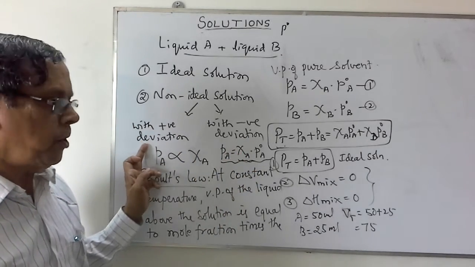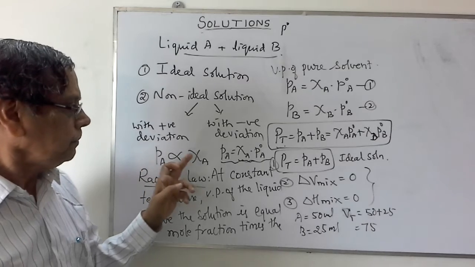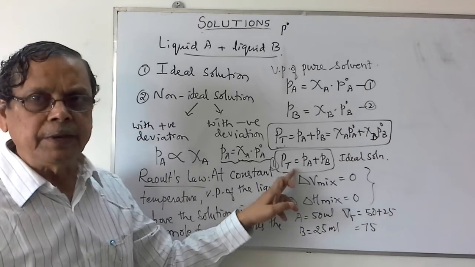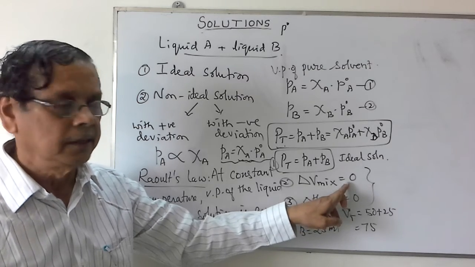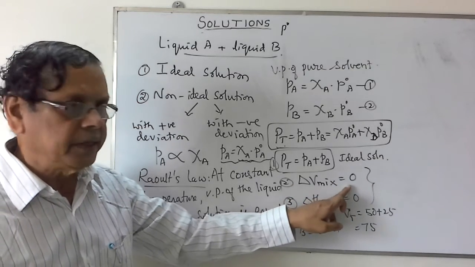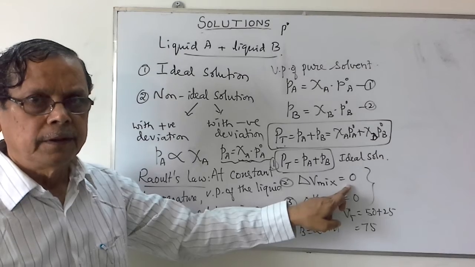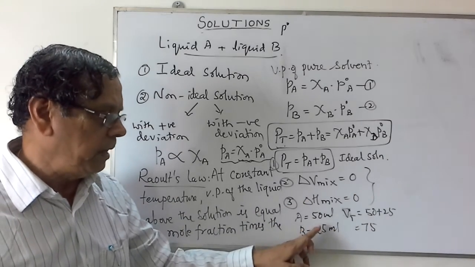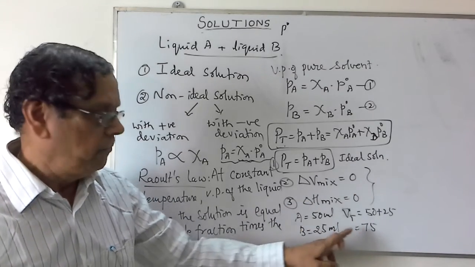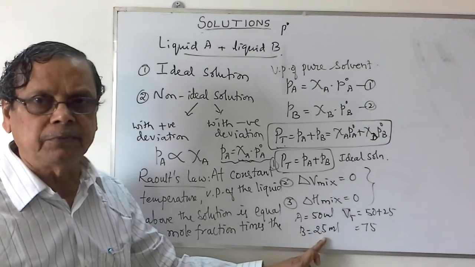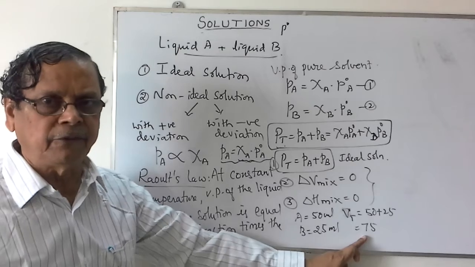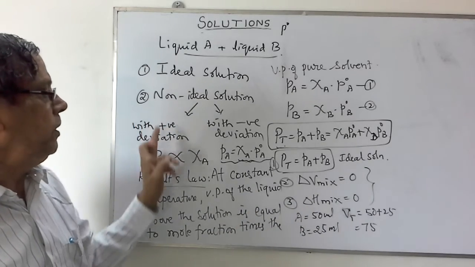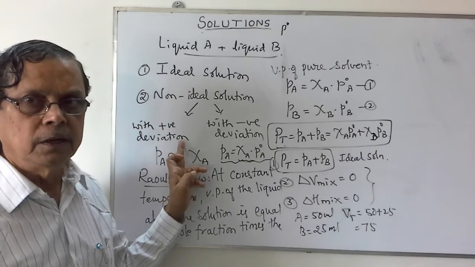When we consider this positive deviation, the P total will be greater than the sum of the partial pressures of the individual liquids. Similarly, delta V of mixing is greater than 0. That is, if the total volume exceeds 75 ml, when 50 ml of this one and 25 ml of this one are mixed, then we say delta V of mixing is greater than 0.